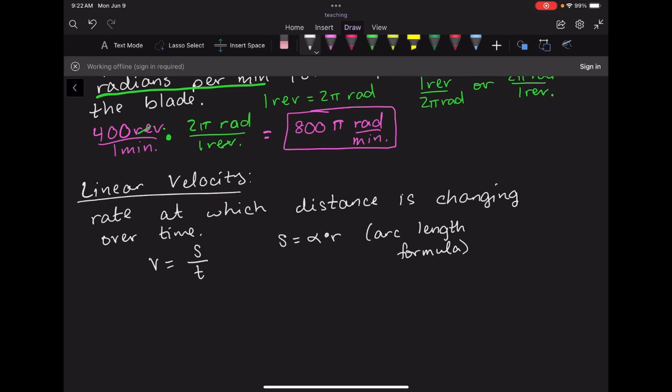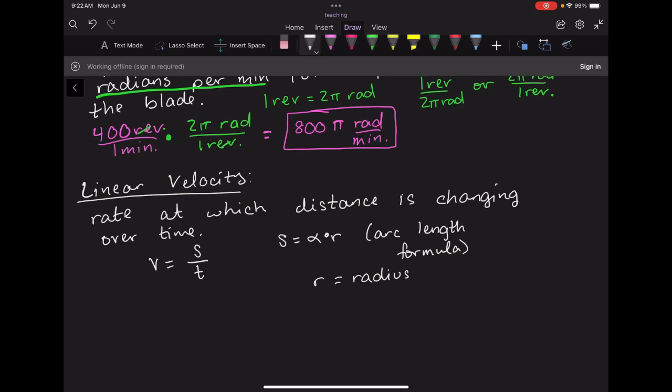Really what I want you to know about this is it is so similar to the angular velocity. The only difference is that now we have to multiply by the radius. So let me put that on here, that R is the radius.